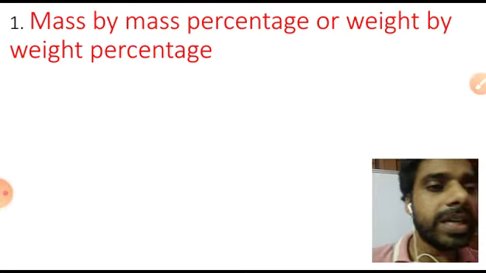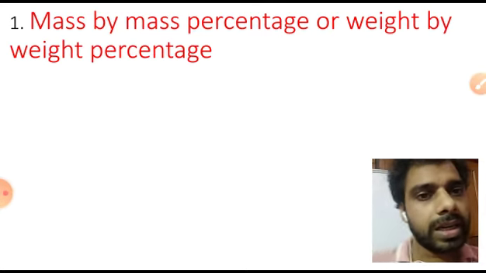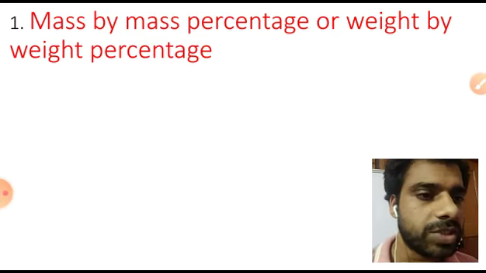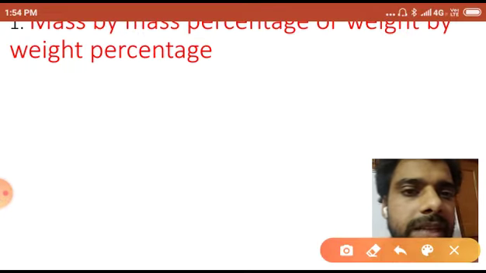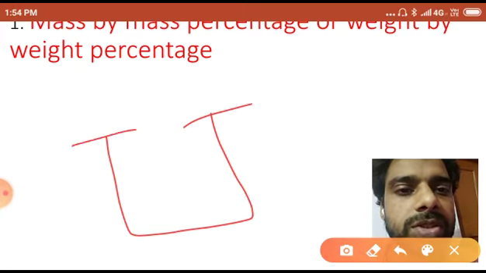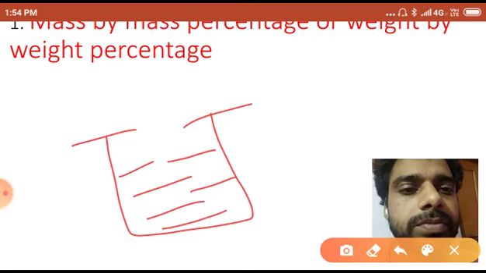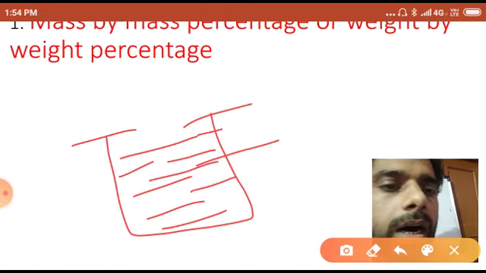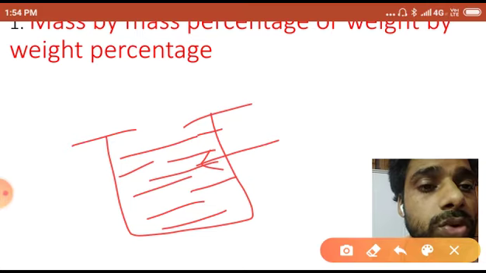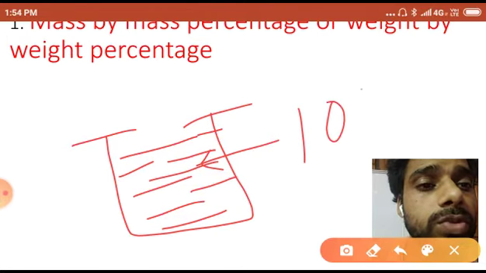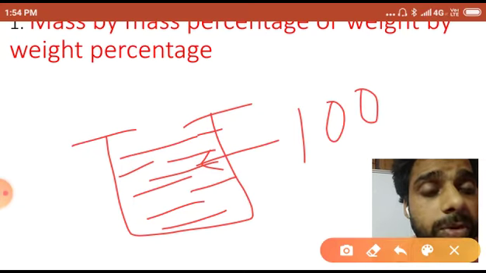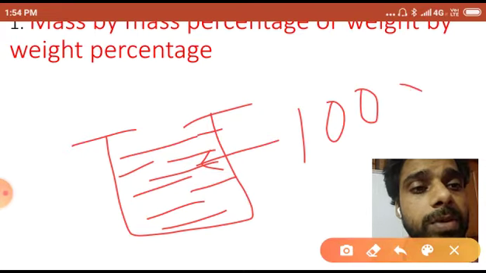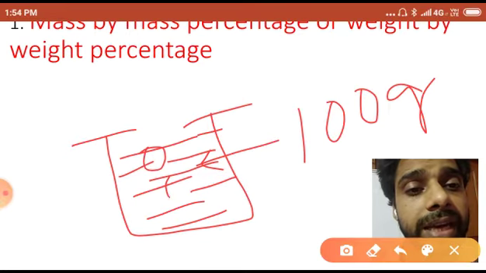You know dear student, if I have a 10% NaCl solution, what does it mean? How can we prepare that 10% NaCl solution? I take mass by mass: I have 100 gram of solution, and I add some amount of NaCl into that.